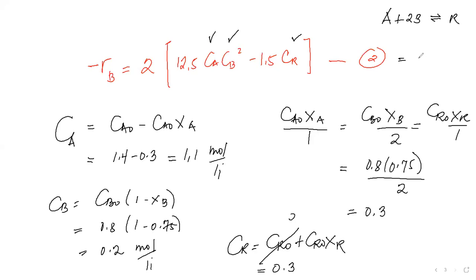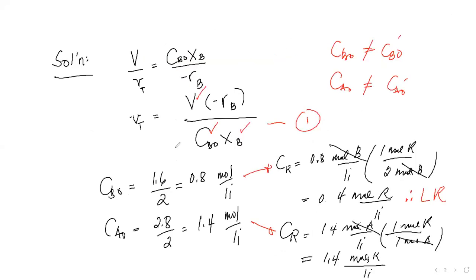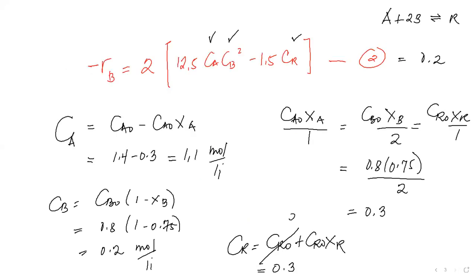So this is 0.2, your R sub B. Since you have already that 0.2, you can go back here and substitute everything. So from 1, your V sub T, the volumetric flow rate total of the two streams, will be computed now because we have everything already.